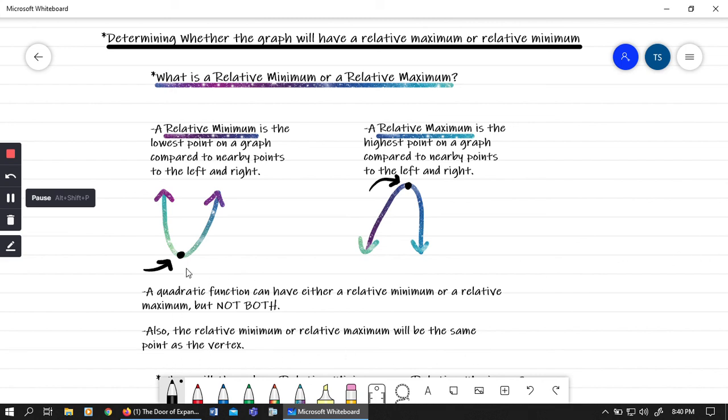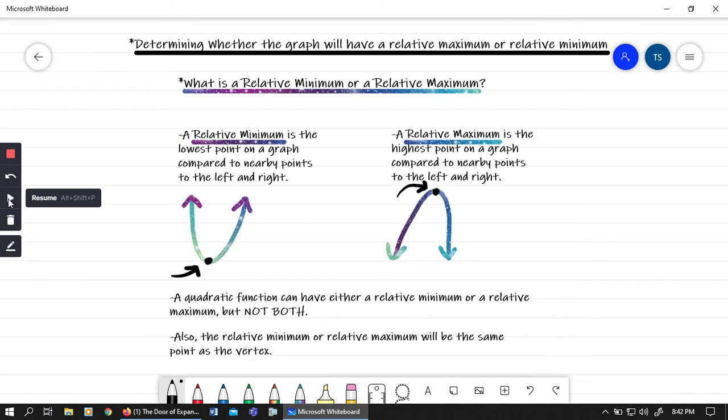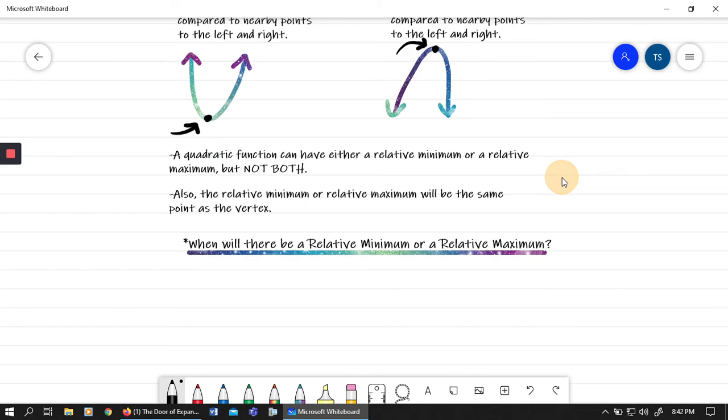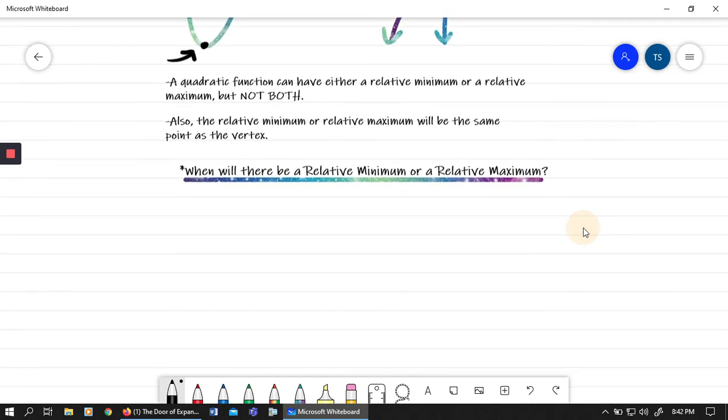All right, so again, guys, that's what a relative minimum is, what a relative maximum is, and for us to be able to look at the standard form of a quadratic function and tell whether or not there's going to be a relative minimum or relative maximum, what we need to look at with that standard form is the a value, the value of the a.